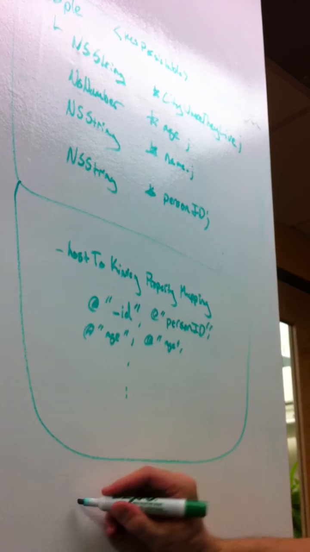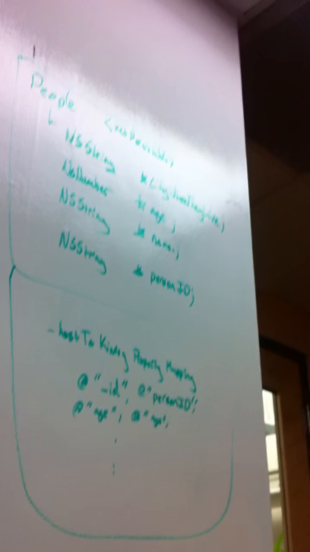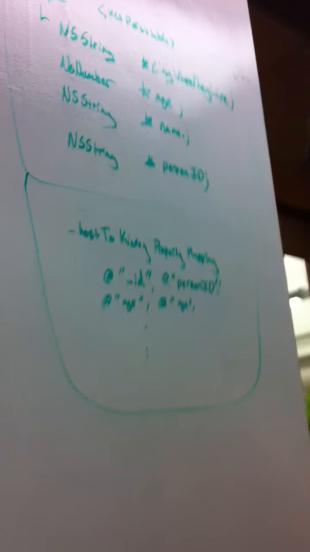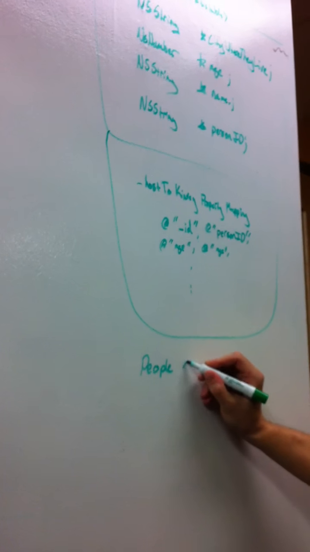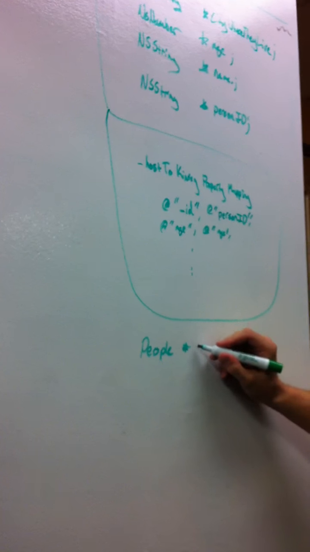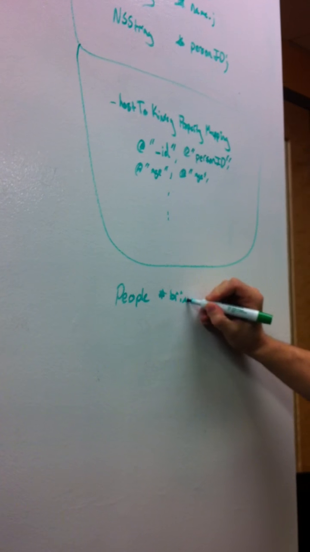If you have an instance of person, which is probably a better name, say a person pointer, let's do Brian.